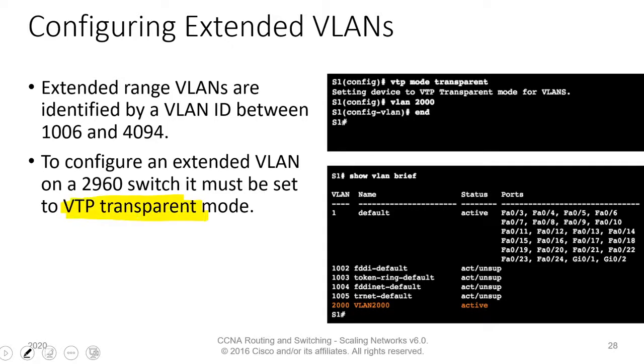As we said, VTP transparent is when VTP is not active in a particular device, but it can communicate across as an intermediary. So if you want to create a VLAN in the extended range, we will first have to make the VTP mode transparent. Then we will be able to create an extended VLAN there.